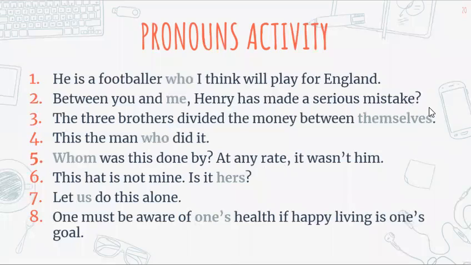Should be a full stop. But anyways, Henry is the subject of the sentence. So you and me is an objective phrase. So me, of course, we know is an objective pronoun. So it can't be you and I. It has to be you and me.